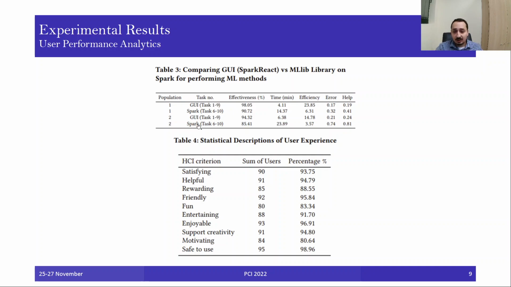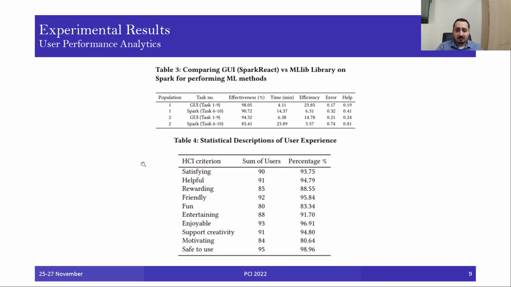And as you can see, this population finds it quite hard to construct, evaluate, run, and so on, machine learning by writing code, and it took on average 23 minutes. And the error rate also is quite high, and the help, the assistance they required.